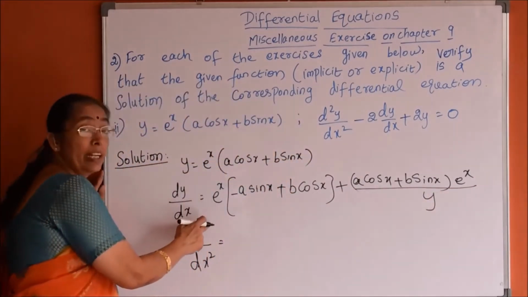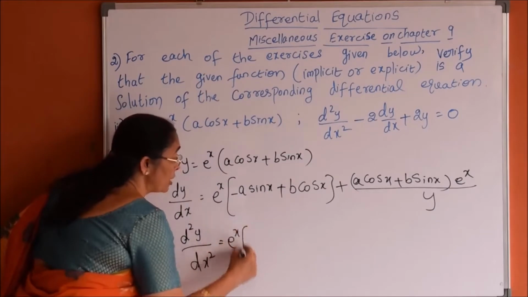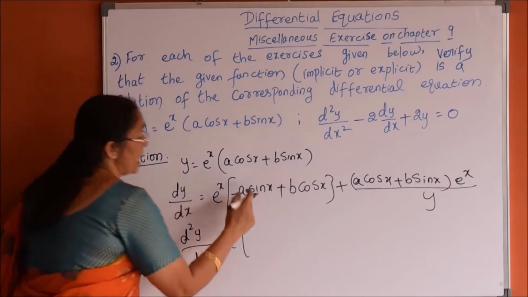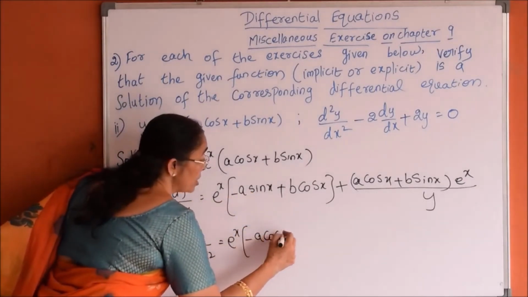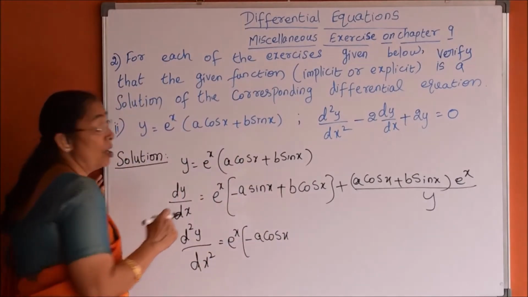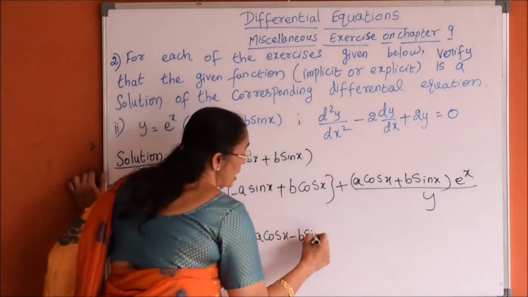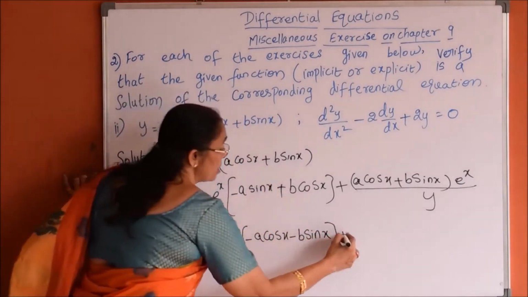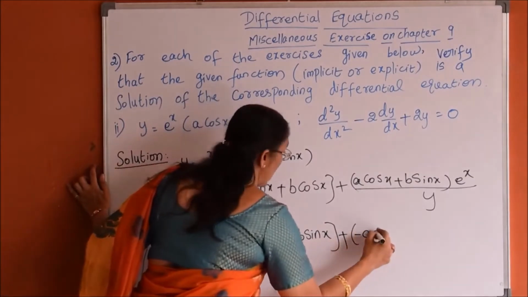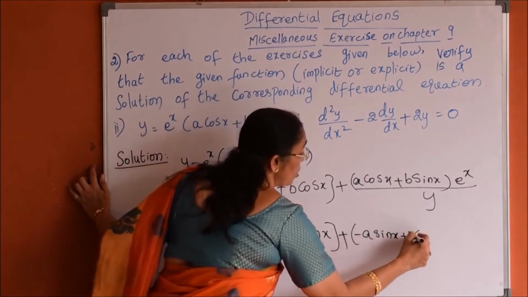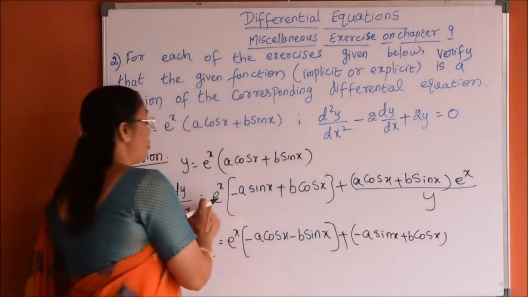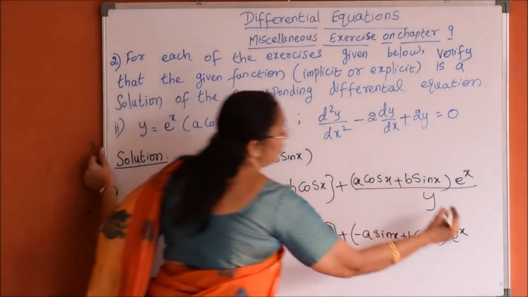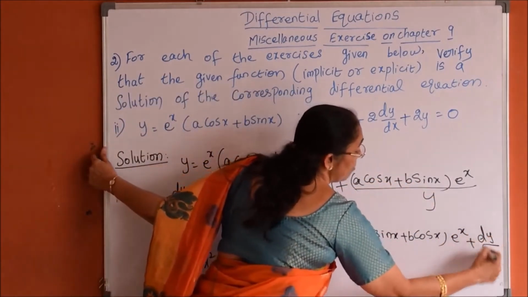So now the second differentiation, again product rule for this term: e power x into differentiation of minus a sin x, which is minus a cos x, and differentiation of b cos x, which is minus b sin x. Now product rule plus minus a sin x plus b cos x into differentiation of e power x, which is e power x, and for this term the differentiation of y is dy by dx.